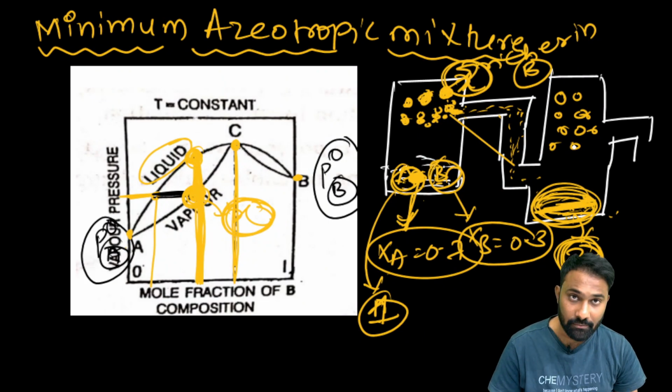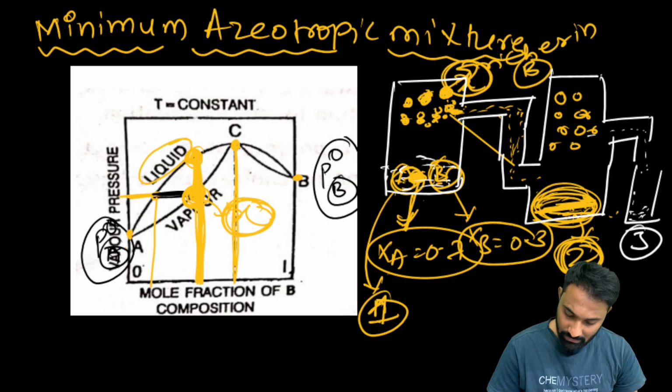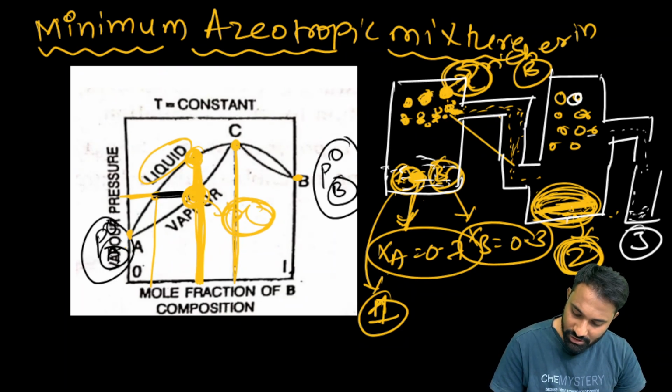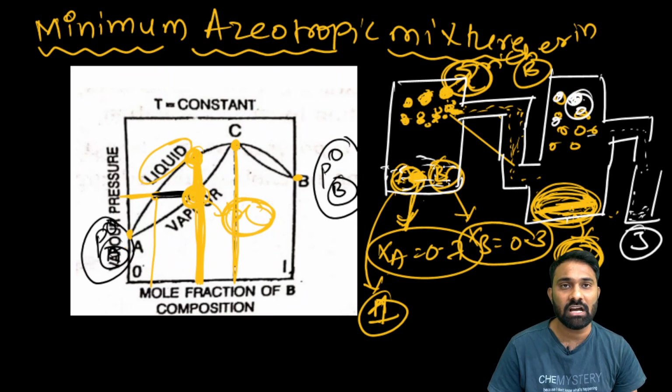Then again I condense this one and make it into compartment 3. When this liquid converts into vapor, how much vapor pressure it has, how much mole fraction it has, I want to calculate.